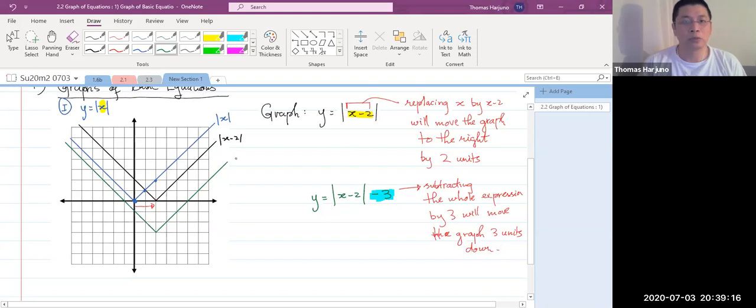Okay, so this will be my absolute of x minus 2 minus 3. Two units to the right, 3 units down.